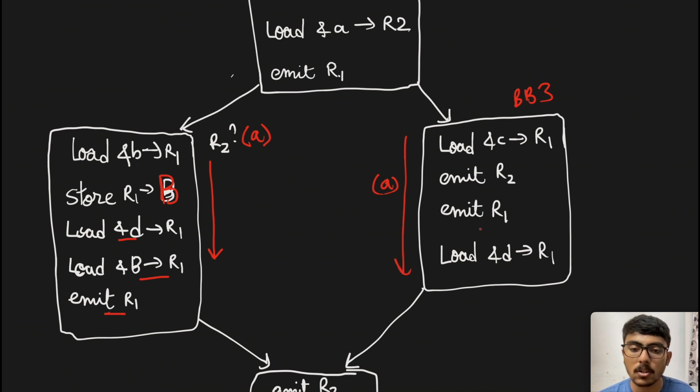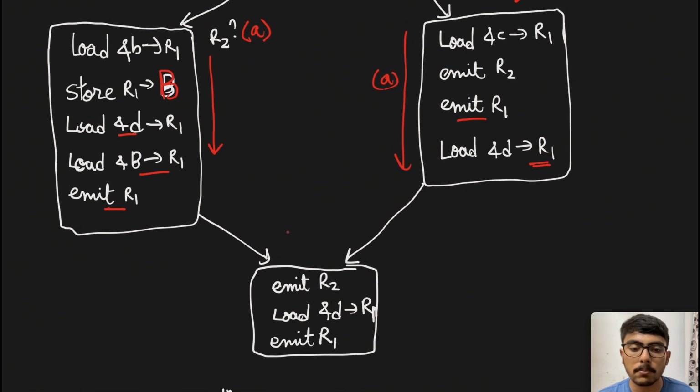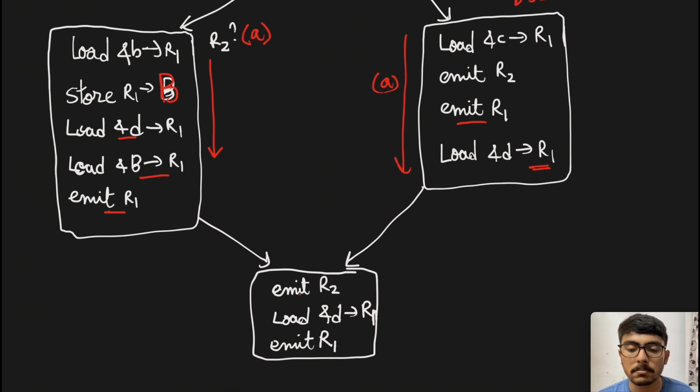So we'll emit R2, we'll then emit R1 because we needed C, and then we'll load D into R1, right? And once we do that, we come to the final basic block, which is basically use A and then use D. So what we'll do is we'll emit R2.